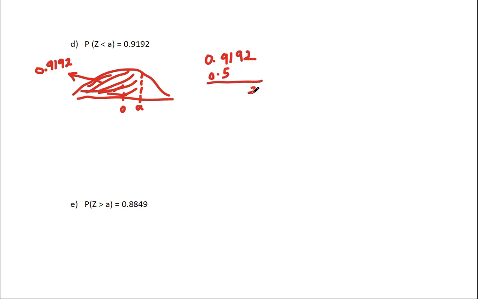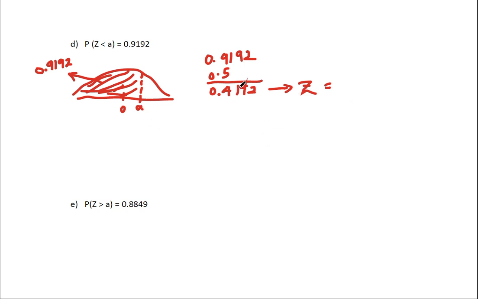This is going to give me 0.4192. So what I need now is the Z table reading that corresponds to this probability of 0.4192, and that will give us the result for A.